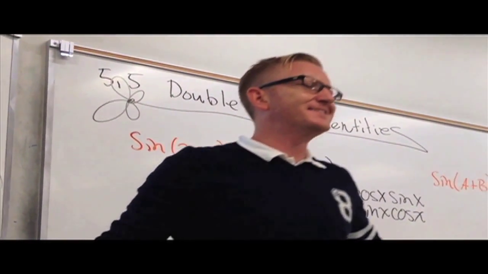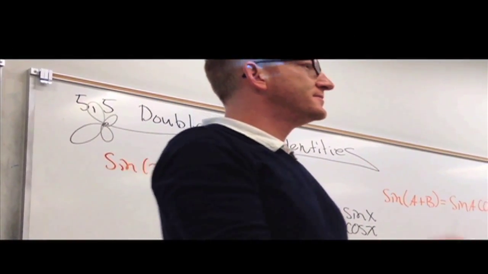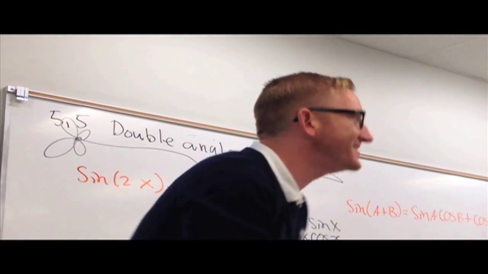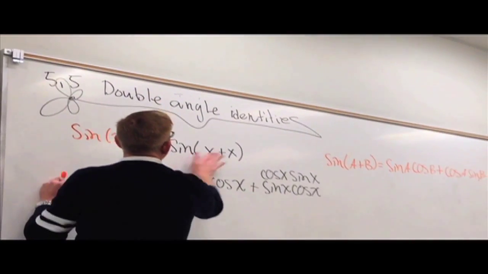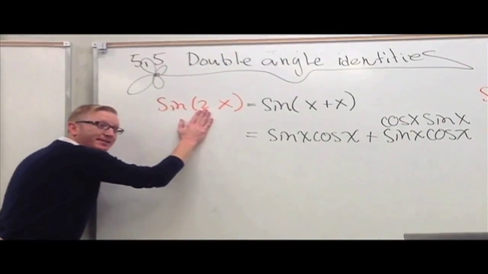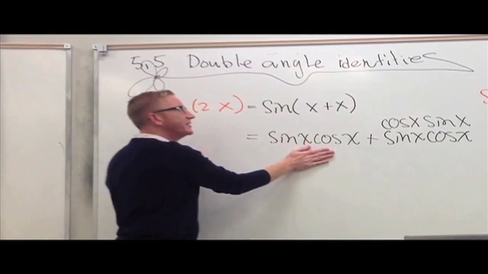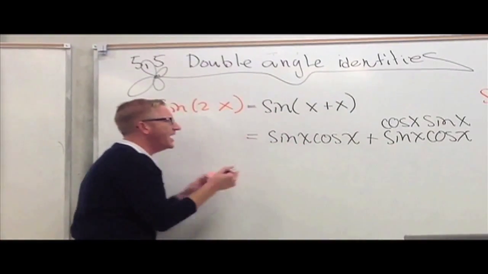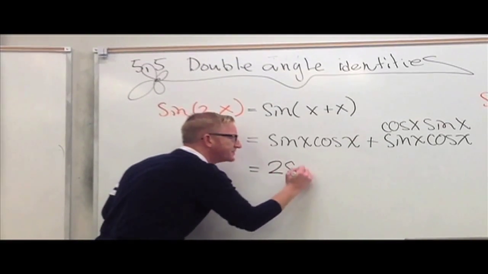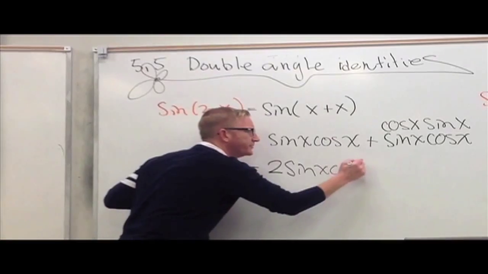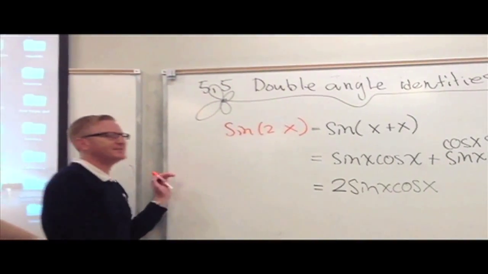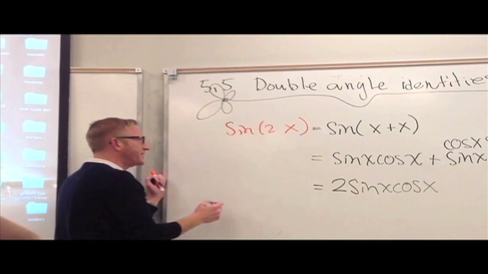Do you guys see anything to like there? They are the same. So here I had an X and an X, and I can rewrite that as 2X. Here I have a sine, cosine, a sine, cosine. I can rewrite that with a 2 in front: 2 times the sine of X, the cosine of X. And that's it. That's the sine of the double angle.